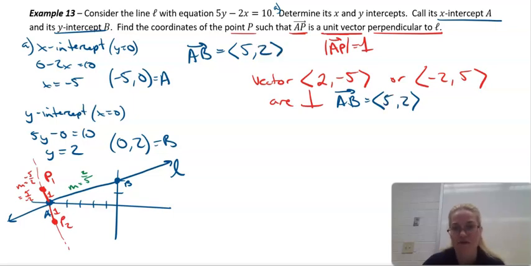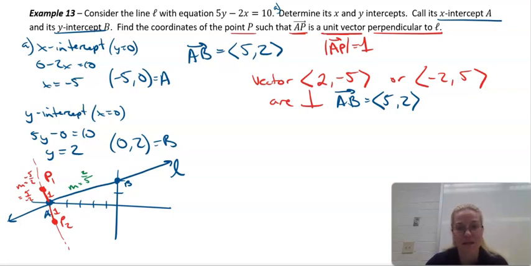So AB is 5, 2. Again, how do I know that they're perpendicular? You can look at the dot product. If I took the dot product of this with either of these, I'd get 10 minus 10, or minus 10 plus 10 adds up to 0. So with those vectors, I need them to be unit vectors now.